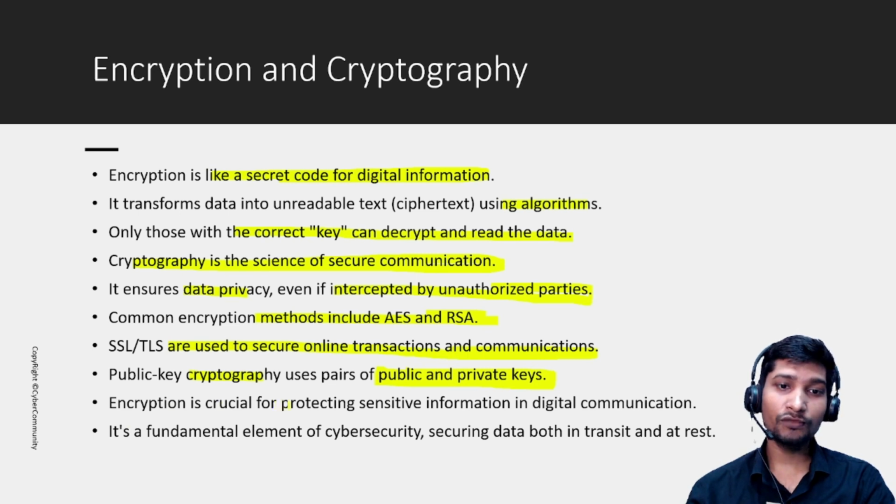Encryption is crucial for protecting sensitive information in digital communication. And lastly, it's a fundamental element of cybersecurity, securing data both in transit and at rest. I hope this was a very simple way of explaining what exactly encryption and cryptography are.